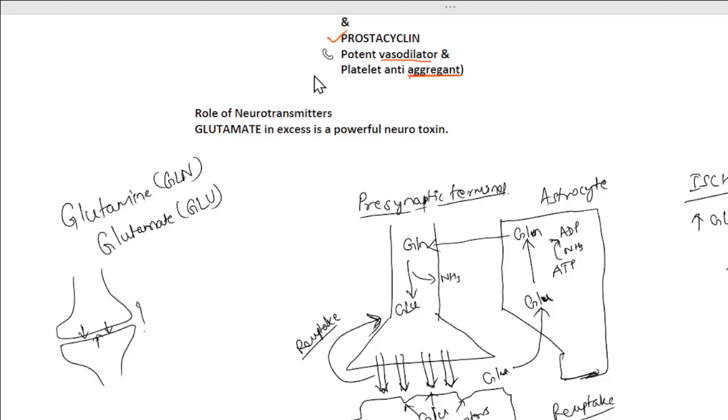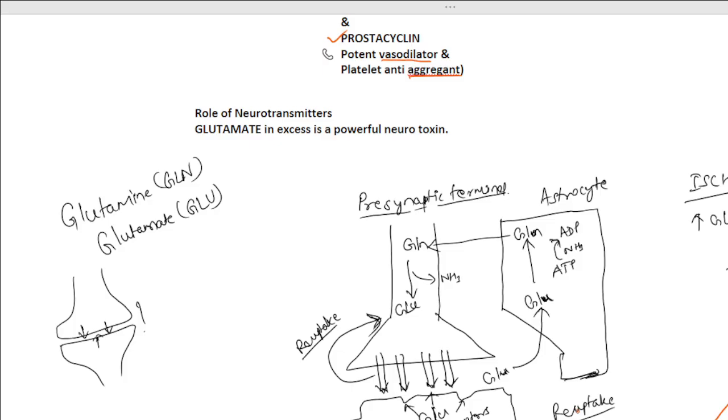It will cause breakdown of arachidonic acid, and you know the story of what happened above.